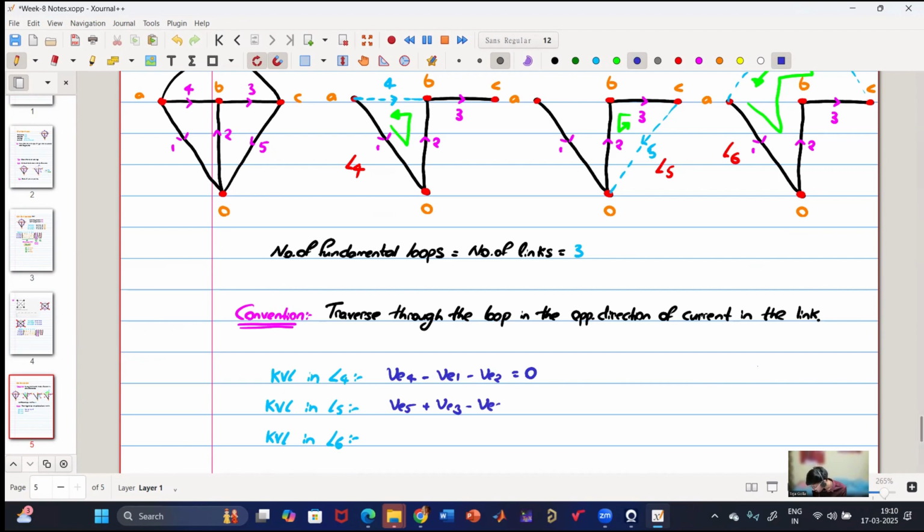Minus or plus V2? Anyone? Is it minus V2 or plus V2? Plus. Nandini is saying plus. What about others?